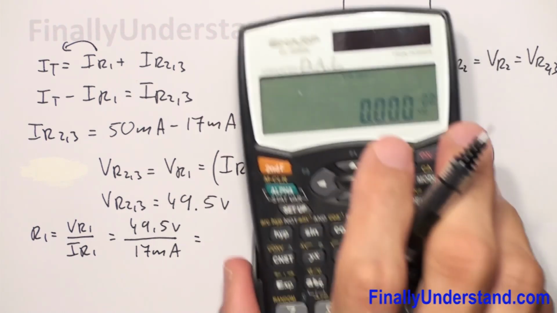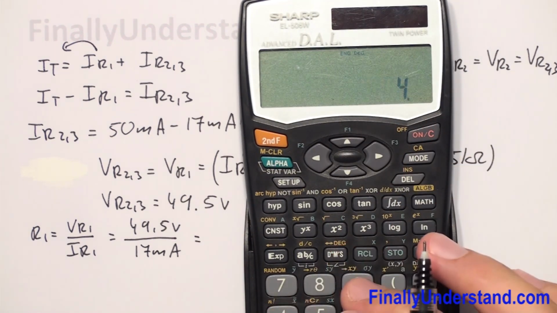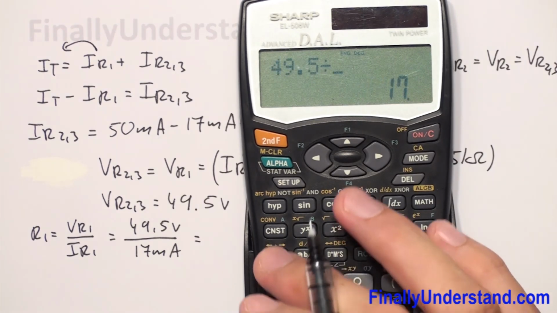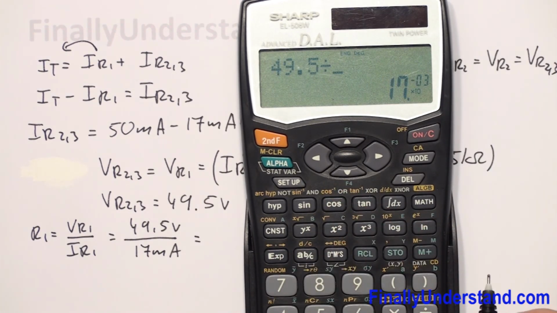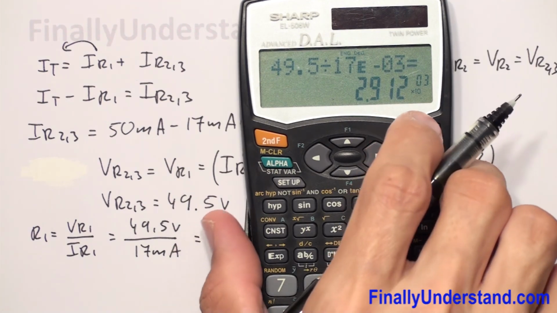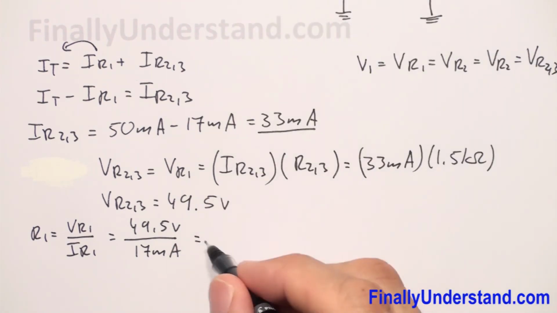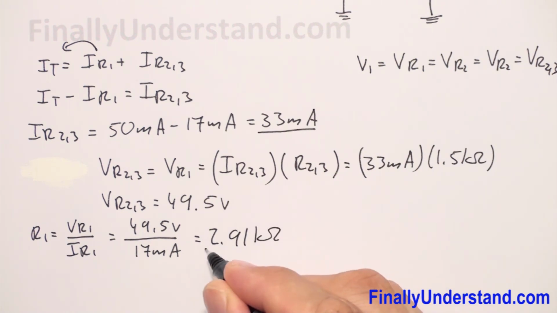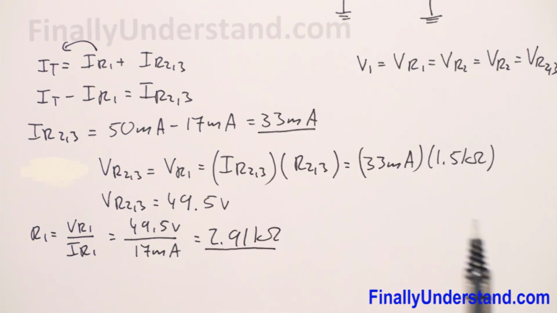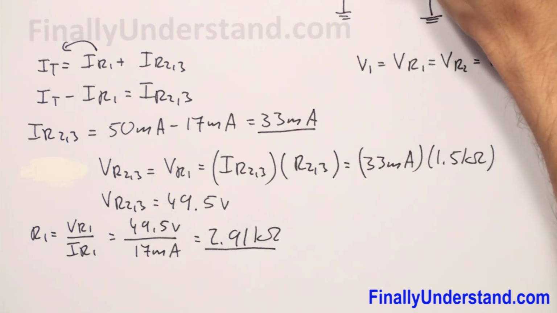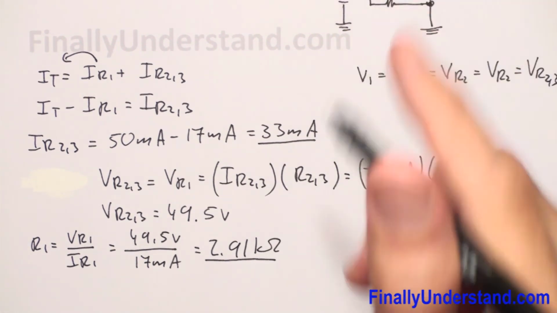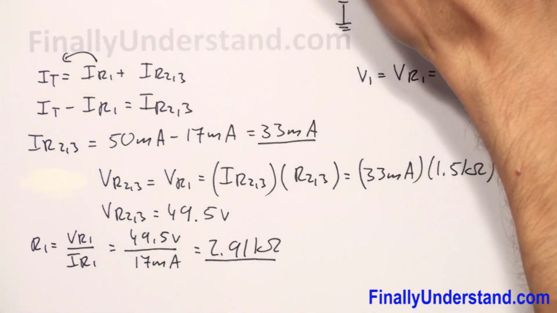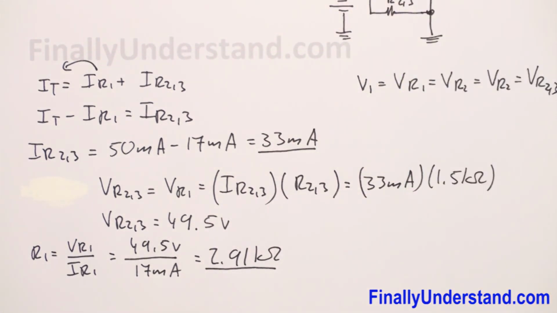Okay, so we have 49.5 divided by 17 exponent 3 negative equals 2.91 kilo ohms. So we found the value of the missing resistor. Okay, and we can say that the problem is solved.